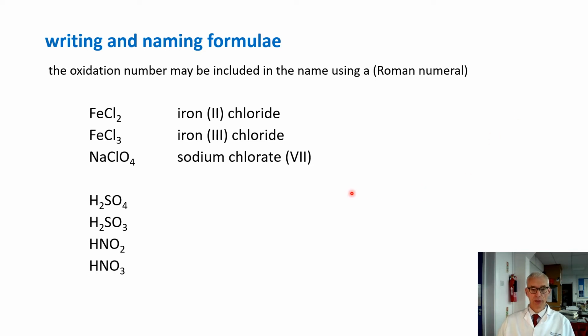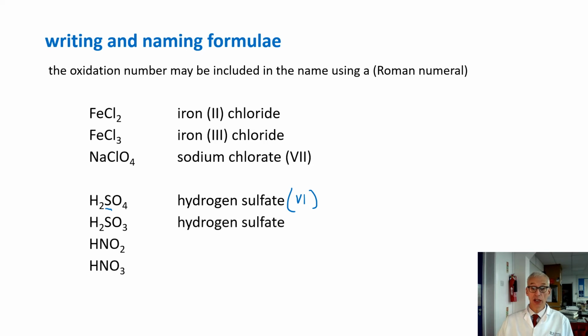Okay, so H2SO4 is hydrogen sulfate, but we need to assign the oxidation number of the sulfur. Hydrogen's always plus 1, oxygen's always minus 2, but sulfur in this case is 6. So it's hydrogen sulfate 6.